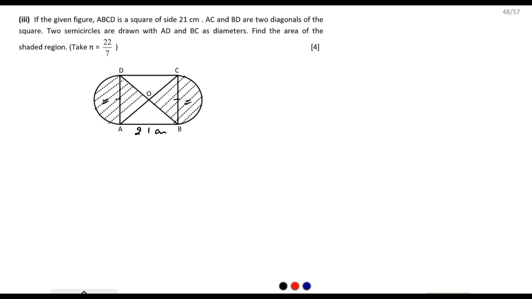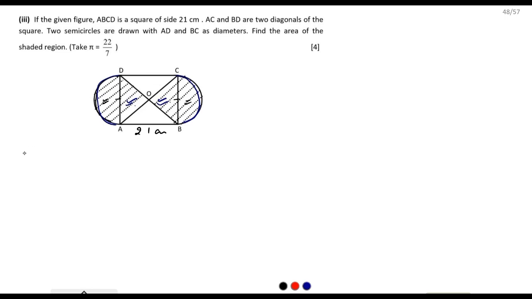Look at the figure. If we combine this semicircle with this semicircle, means both semicircles, then we will get a circle because these are equal parts. And these two triangles are 1/4 part of a square each, means their combined area will be half of a square.